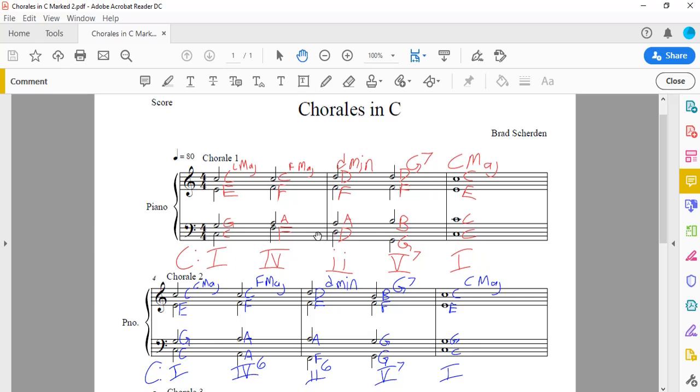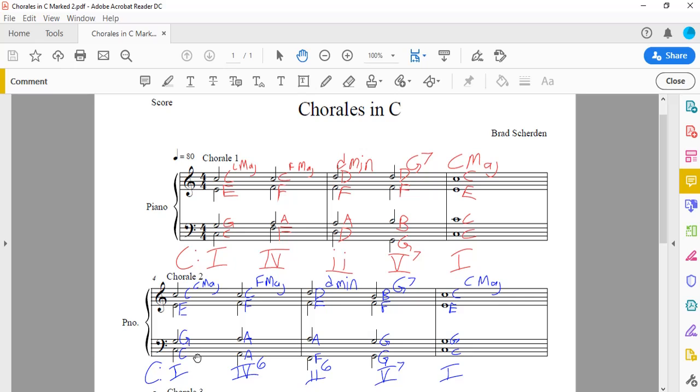This first chorale, number 1, all of these chords are in root position, which means whatever note each chord is named after, the root of each chord, is actually the lowest sounding note in all of these chords. So chorale 1, every single one of these chords is in root position.